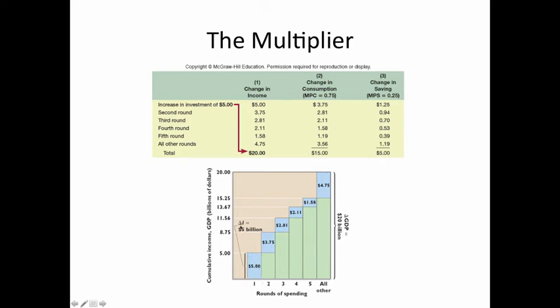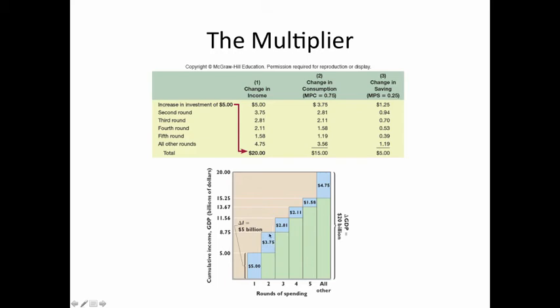Here's the original change in investment spending of $5 billion. In the next round, that increases real GDP of the company by $5 billion, but they also take that $5 billion increase in income and spend again 75% of it, which is this additional $3.75 billion.